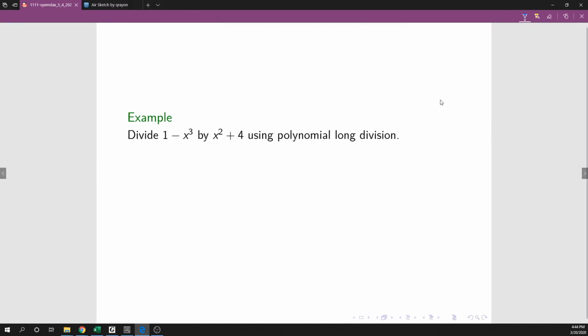We are going to divide 1 minus x cubed by x squared plus 4. So 1 minus x cubed, number one, we have to write that in descending powers of x. So that would be minus x cubed plus 1. And then we also have to fill in for any missing powers of x, and there's some missing. Minus x cubed, the x squared is missing.